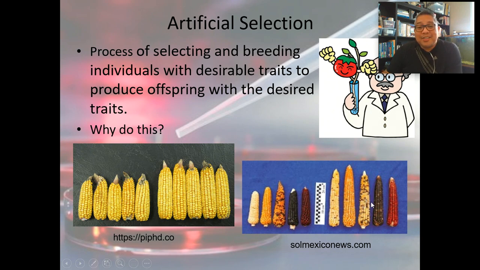Obviously you will not buy these, right? Because they're not appetizing. They don't look delicious. So in this other set of corns, obviously you want the corn to be longer. You want them to have more kernels. So that's why they did this.